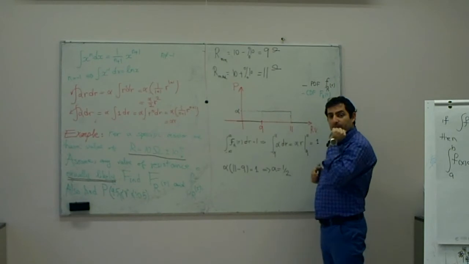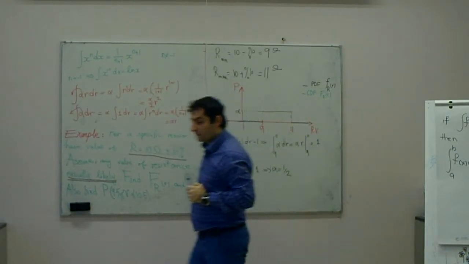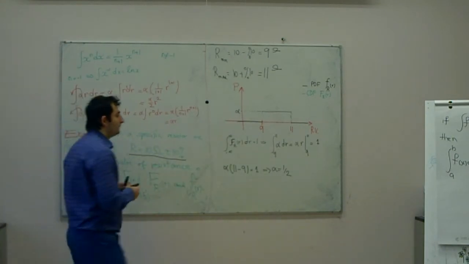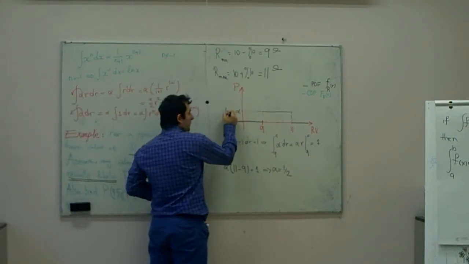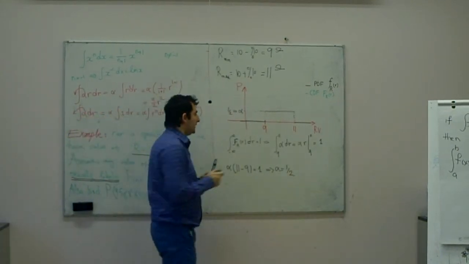Before 9, what is the probability value? 0. So the addition of everything from minus infinity till 9 is 0.